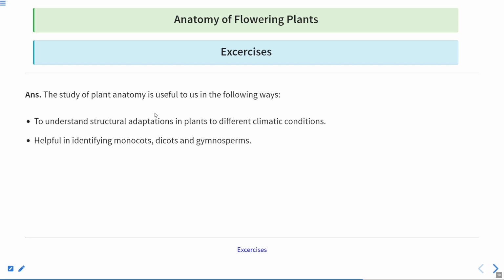So the study of plant anatomy is useful to us in the following ways. The study of plant anatomy is very, very important. Why? Because it helps us to understand the structural adaptation in plants to different climatic conditions.